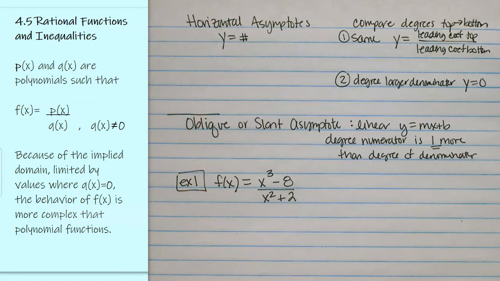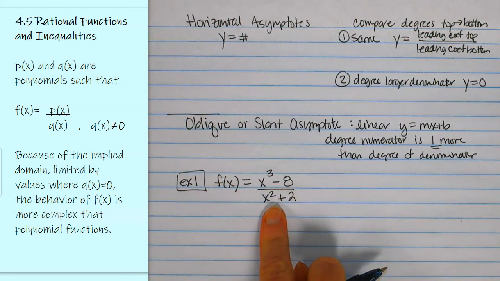This is a situation where I actually do not have any vertical asymptotes. There's no way that this denominator equals 0. It doesn't always happen that you have a vertical asymptote. So looking at this, this is a positive number and this is a positive number. This will never equal 0. So I don't have any vertical asymptotes.